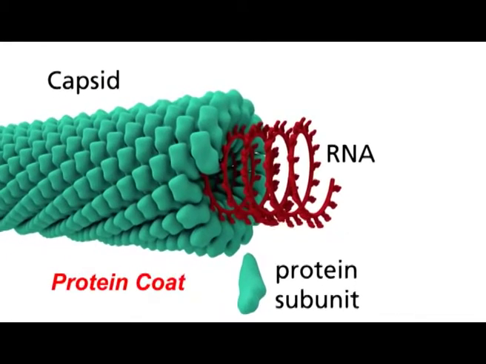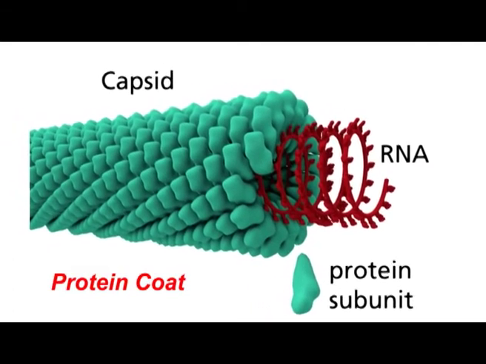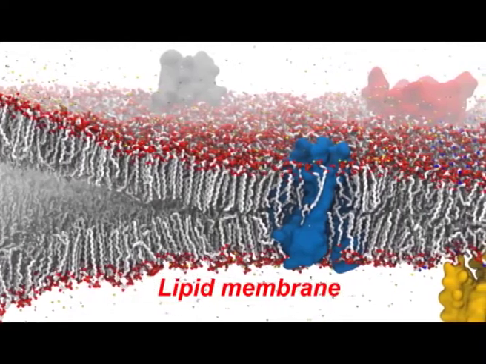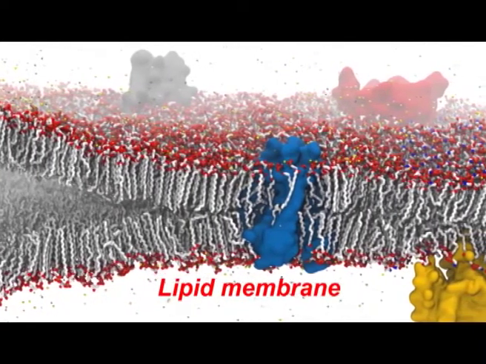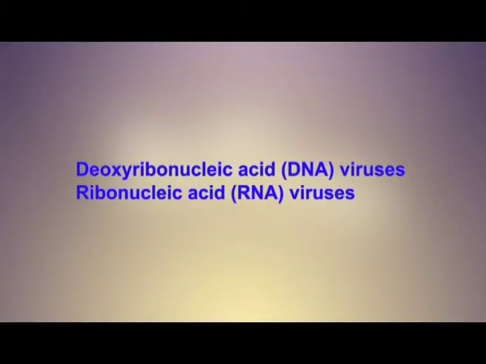Protein coat, the capsid, is a covering over the nucleic acid that protects it. Lipid membrane, the envelope, covers the capsid. Many viruses do not have this envelope and are called naked viruses. Fundamentally, viruses are classified into two main groups: first, deoxyribonucleic acid DNA viruses, and second, ribonucleic acid RNA viruses.